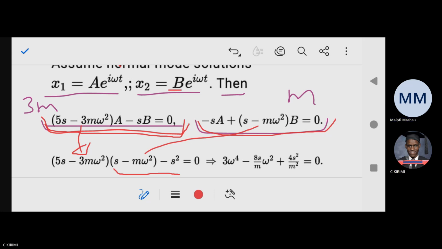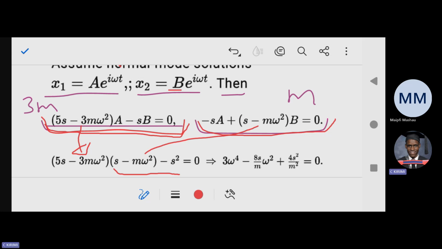Are you lost? I'm lost. Check the constants a and b. You are multiplying the brackets, a and b, those brackets.